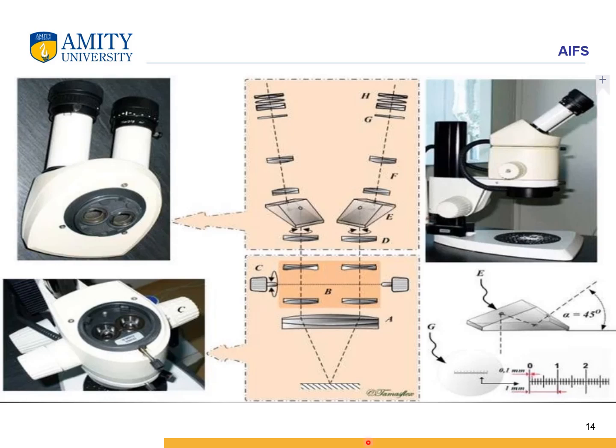This A portion, as you can see, is the objective lens, and it is present over here, this base of the stereo microscope. This B portion, on which the laser light is falling, is the Galilean telescope, or it is known as the rotating objectives.